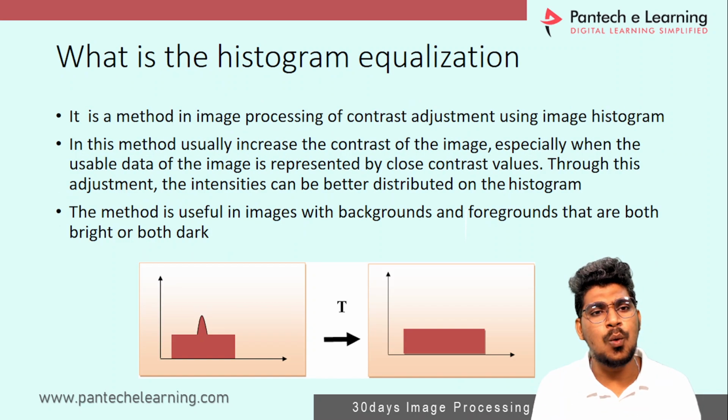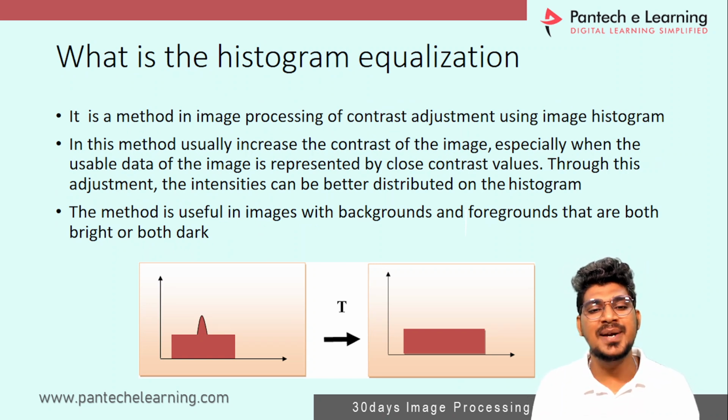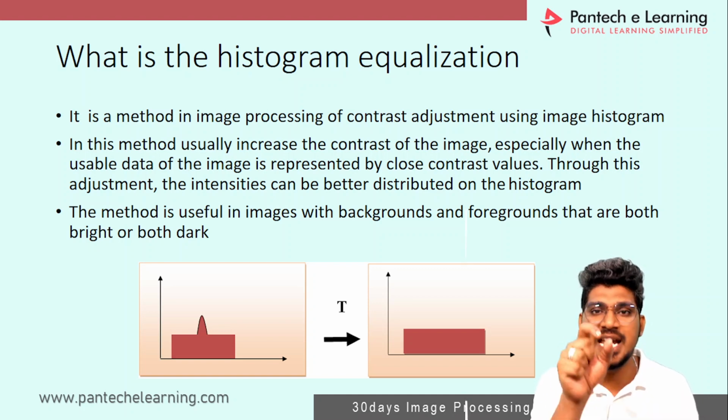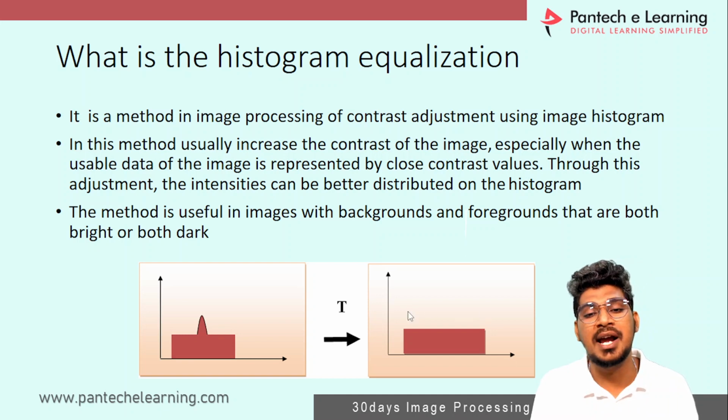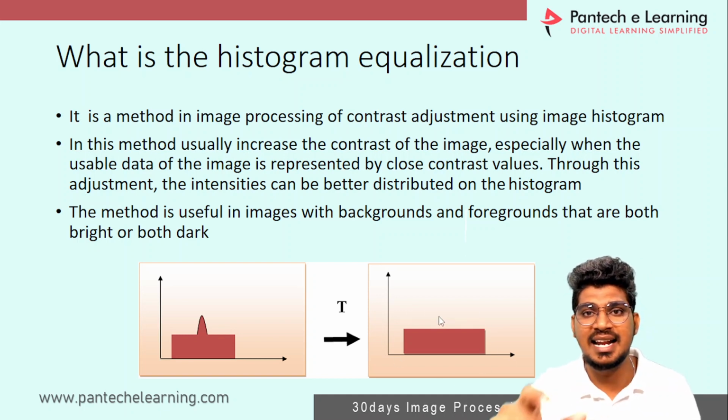Okay, right. So what exactly is histogram equalization? See this plotting. The pixel intensity count is increased in this area. It is not even. But when you apply histogram equalization, it will help to even out the picture, even out the pixel intensity.